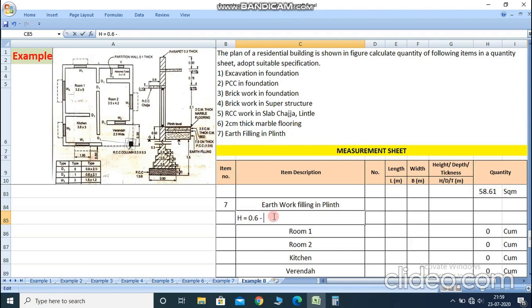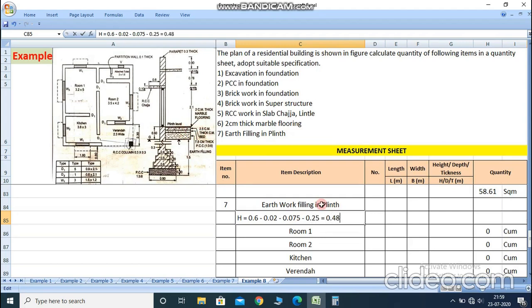Convert into meter, so 2 centimeter is converted into meter like 0.02, then minus 0.075, minus 0.25 for the bed provided, so minus 0.25. So we got the answer 0.48.